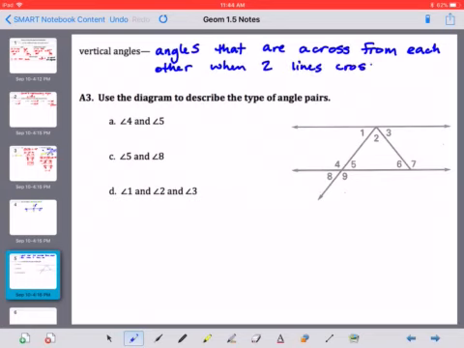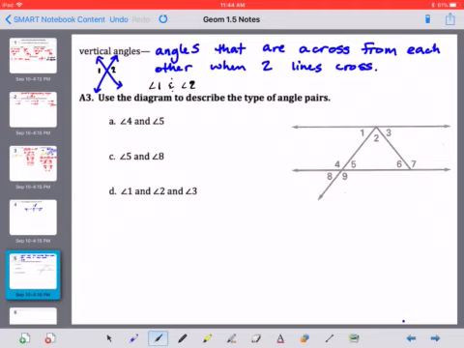And we'll draw a picture of that. So if you have two lines that cross, this angle 1 and angle 2 would be vertical angles because they're across from each other. So angle 1 and angle 2, for example.